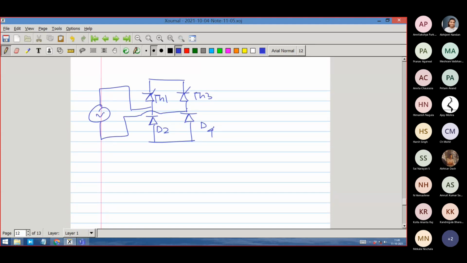Earlier I said dual. Earlier the diode conducted for more time. Here you may see that the thyristor is conducting for more time. I am expecting TH1, TH3 will conduct for pi plus alpha, and the diode will conduct for less time. You shall see whether that is true or not.